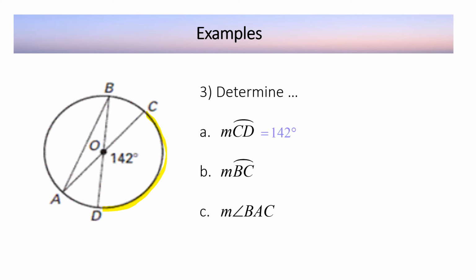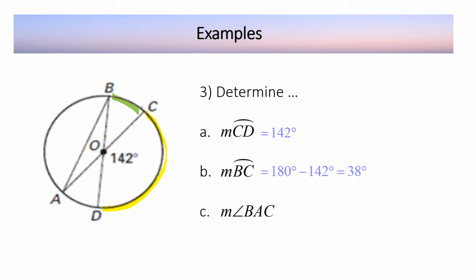We talked about central angles the other day. The measure of arc BC completes the semicircle. So we are going to subtract 142 degrees from 180 degrees. The measure of arc BC is 38 degrees.